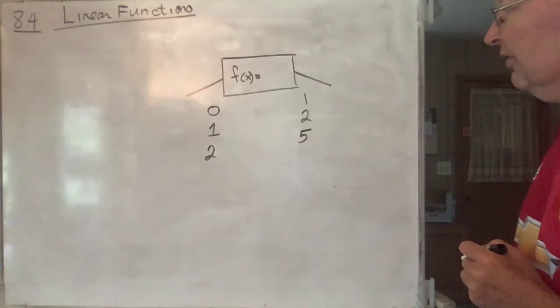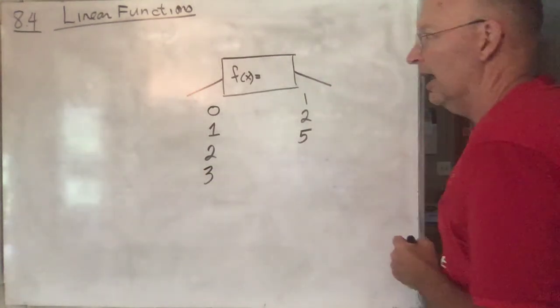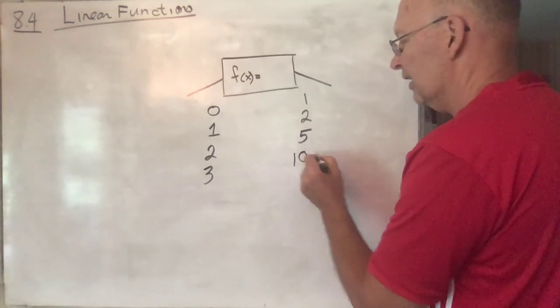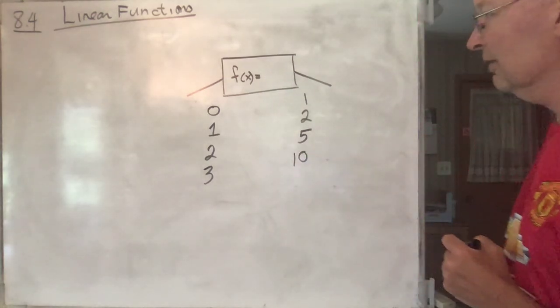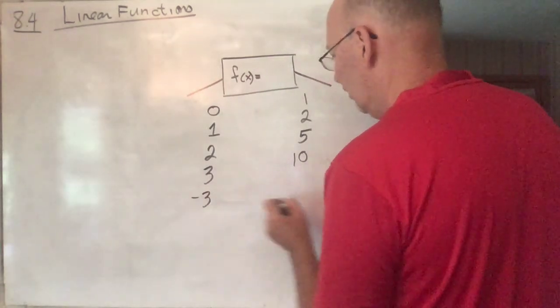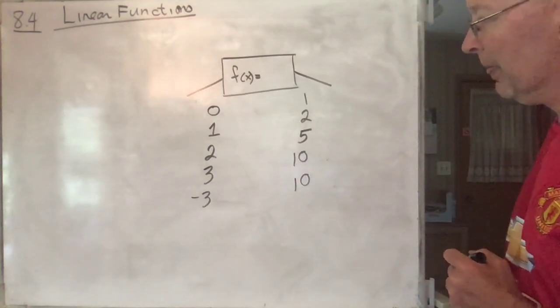Catch you by surprise? Stick in a 3, and it spits out a 10. Okay? Do you know what's going on here? If you put in a negative 3, it also spits out a 10. Can you see what's happening?